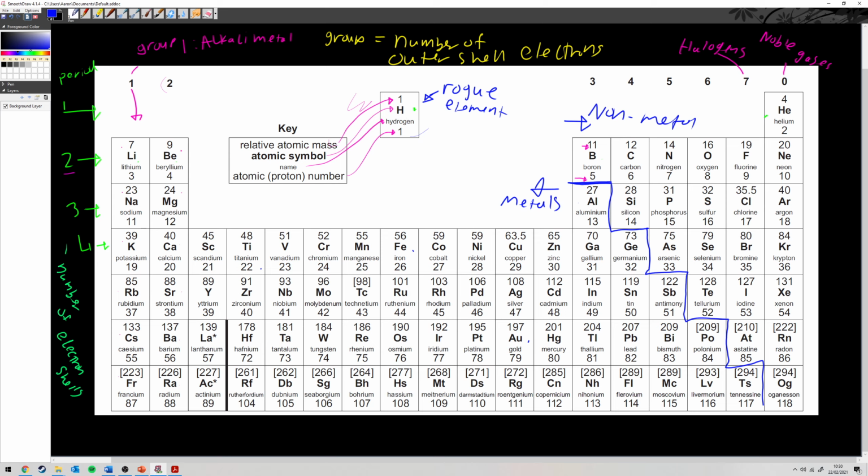Now, the last thing you need to label are the transition elements. So all of these elements that are underneath this red line. So notice that group 1, 2, then there's a big gap before group 3 and 4. This gap in the middle, these are the transition metals.